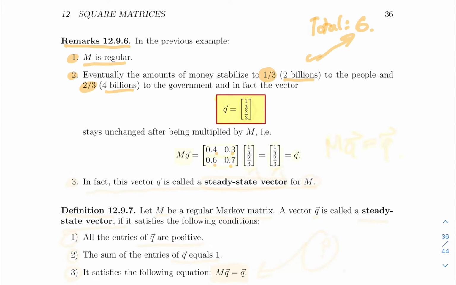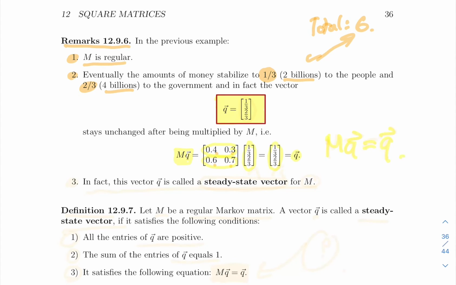It has a very nice algebraic property: if you take this vector Q and multiply it by M, doing the matrix multiplication, it feels so good when you do it, you take 1/3 and 2/3 as a column and do the dot product with the rows, and you get 1/3 and 2/3 again. So you get Q again. When you multiply Q by M, you get Q again. It's transformed, but it stays the same.